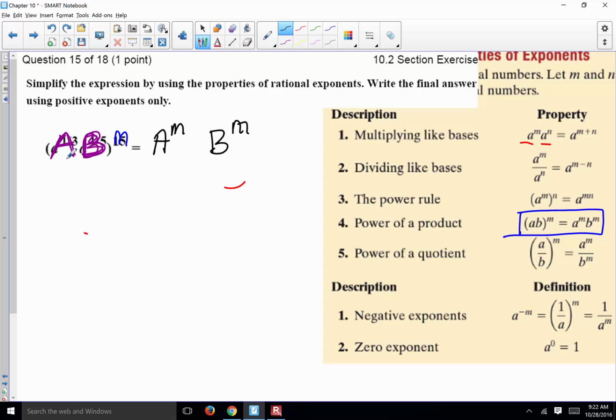Recall what was behind A. What was behind A? Open it and read. Well, it was A to the 1/3. I'm gonna make this A to the 1/3. What was B? Clear it and read it. A to the 1/5. So I'm going to make this A to the 1/5. Wait a second.